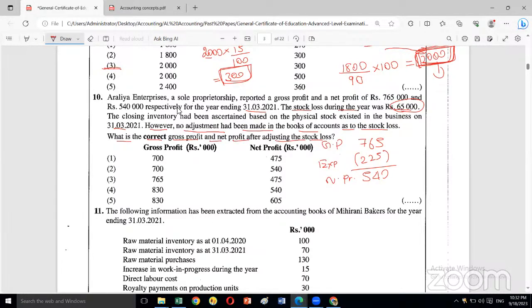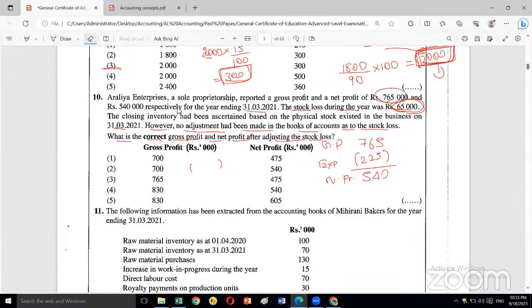Remember, this 65,000 I should minus from the purchase. I don't know how much is the purchase, but I know only the gross profit.